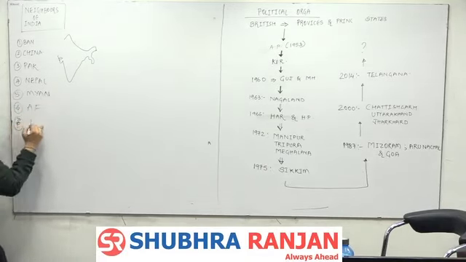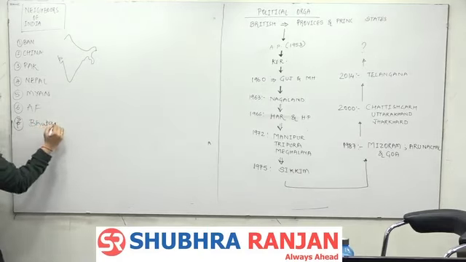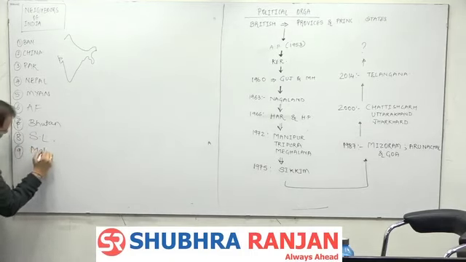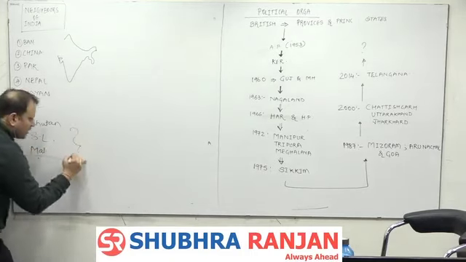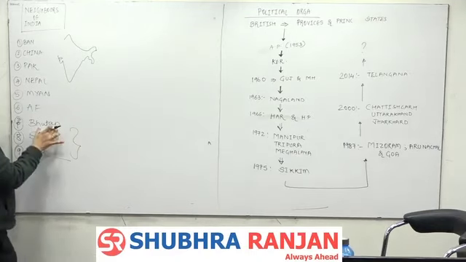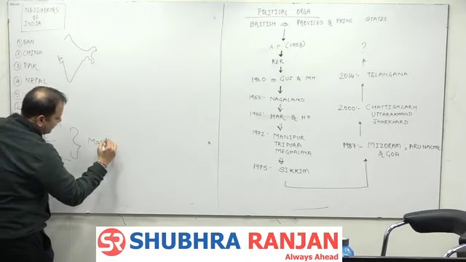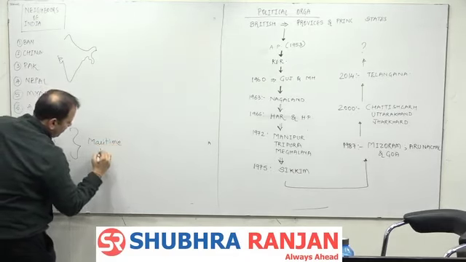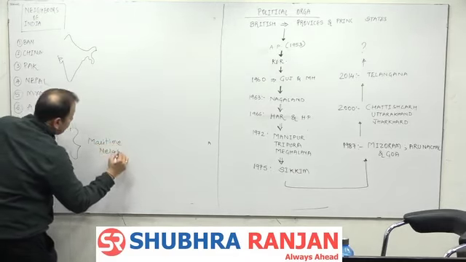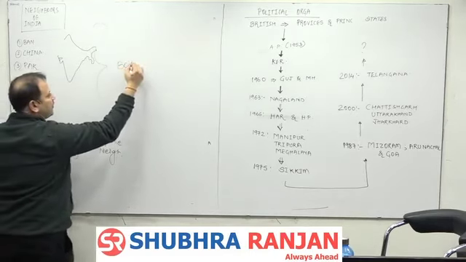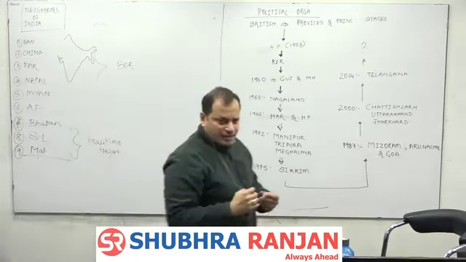Seventh, Bhutan. Eighth, Sri Lanka. Ninth, Maldives. Fine. Now you understand these two are not considered as our land neighbors. They are maritime neighbors. And these are known as those whose borders touch the borders of India here.